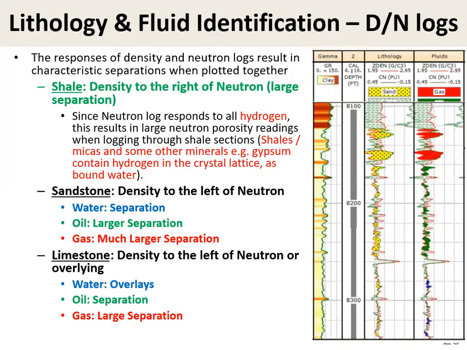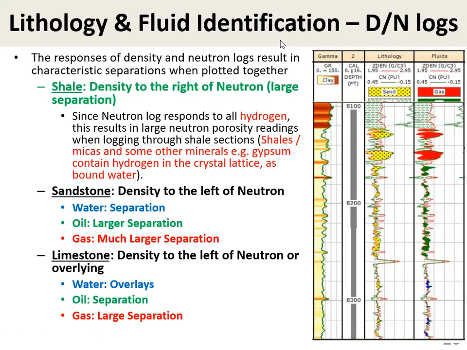So we're coming to log presentation. I brought this view graph up now because it talks about both lithology and fluid identification using density neutron logs. The responses of the density and the neutron logs result in characteristic separations when plotted together. So the first thing is identification of shale zones. For shale, the density trends to the right and the neutron to the left.